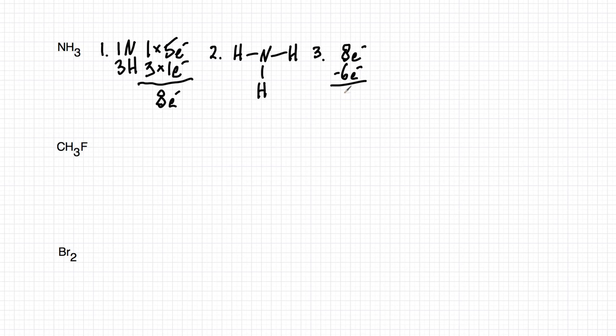In our trial structure, that means we're missing 2 electrons. So for our final step, what we need to do is put those 2 electrons there so that everyone has 8.